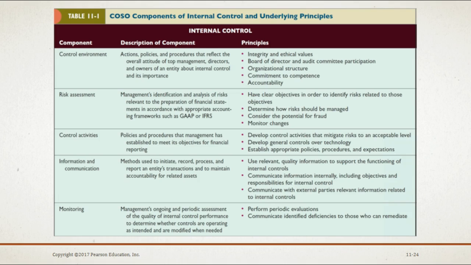Do take note that certain control elements within the 5 COSO control components have a pervasive effect on the entity system of internal control and are referred to as entity-level controls in auditing standards. Examples include the board and audit committee element of the control environment, the entity's risk assessment process, and the internal audit's role in monitoring controls. You can find Table 11-1 on page 348 of your textbook.